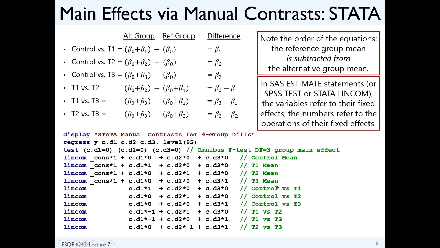So the first 4 lincoms give us the mean for each group, and the remaining 6 lincoms give us the pairwise comparisons, where the first 3 are given directly by the model fixed effects, and the second set of 3 are linear combinations, again with the minus 1 for the reference, 1 for the alternative, and zeros for the groups that are not involved.